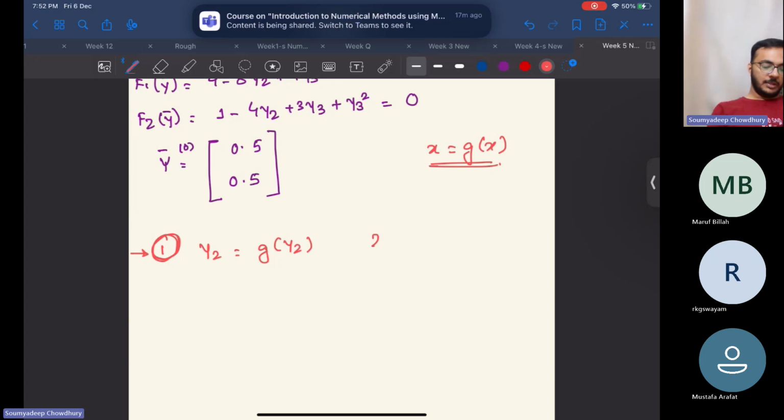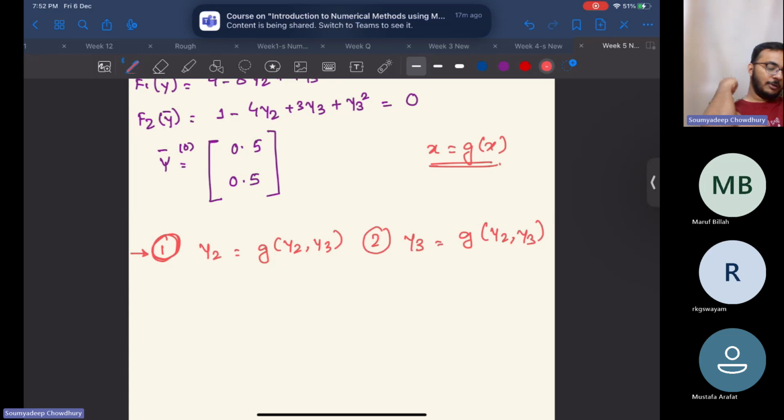From the first equation we'll find y2 equals g of y2, y3, and from the second equation y3 equals g of y2, y3. So this g will be a function of both y2 and y3.